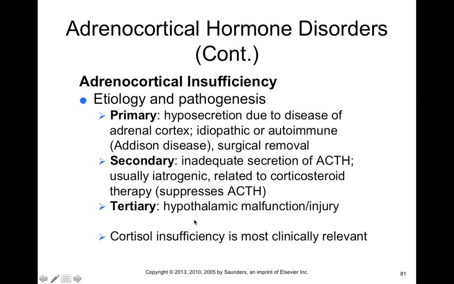And then tertiary is a hypothalamic issue. Like if the hypothalamus were damaged and it weren't releasing CRH to stimulate the anterior pituitary to release ACTH, that can lead to insufficiency as well. So cortisol insufficiency is the most clinically relevant because it's most important for your metabolism.